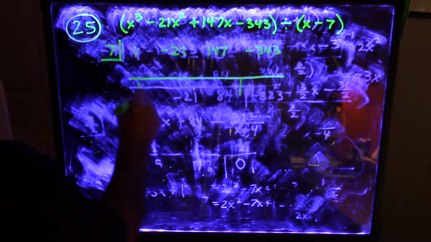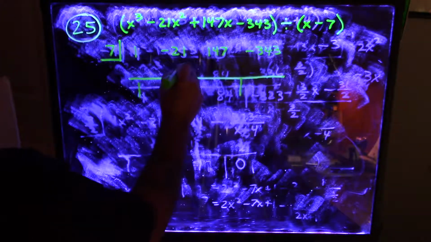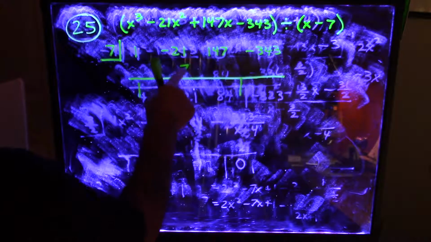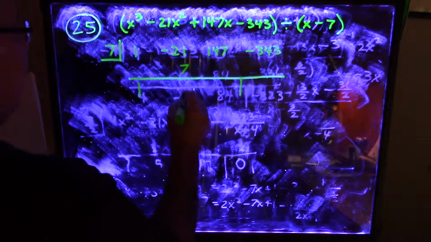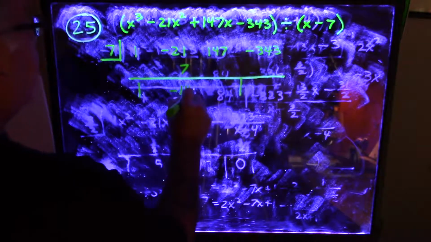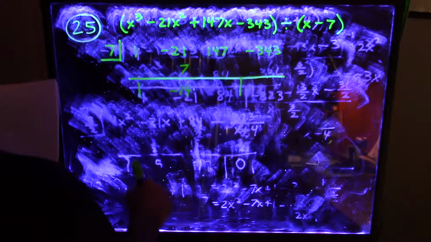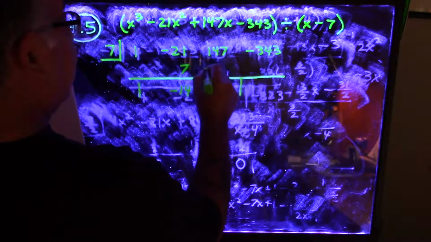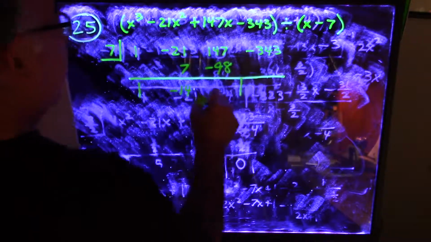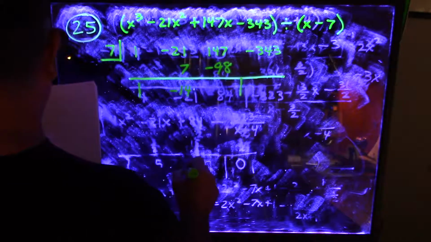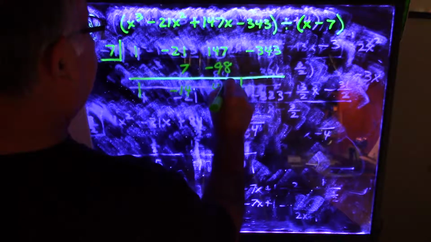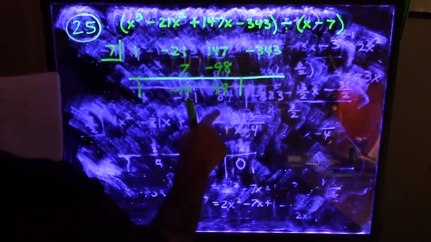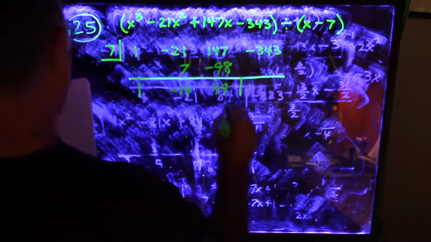Bring down the 1. 7 times 1 is 7. Negative 21 plus 7 is negative 14. 7 times negative 14 is negative 98. 147 minus 98 is 49. 7 times 49 is 343.